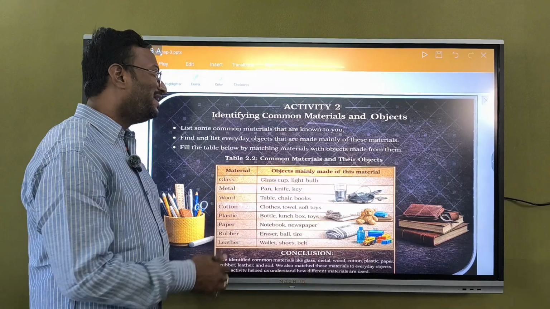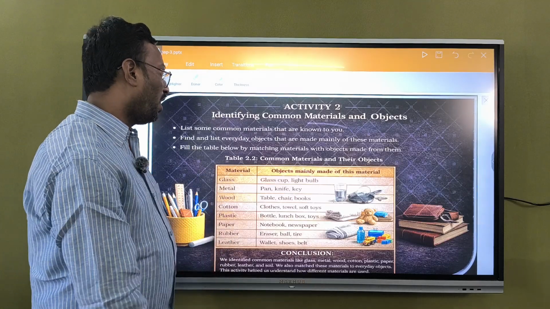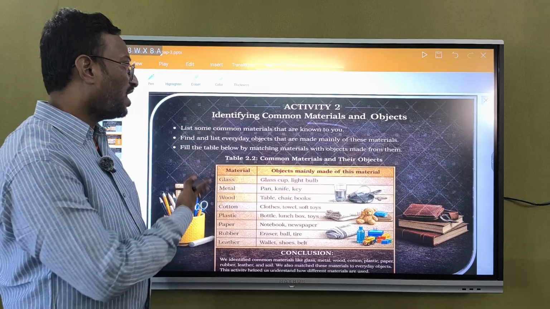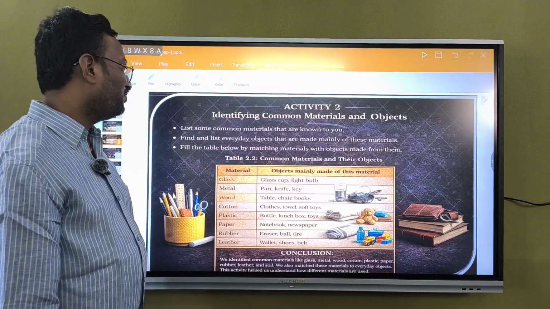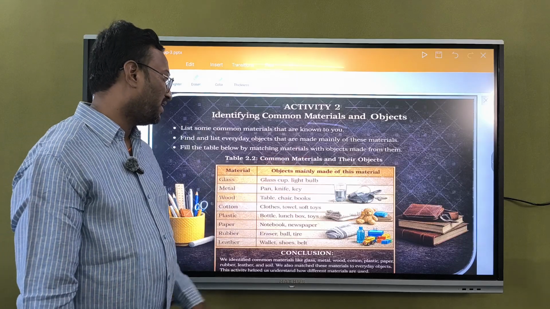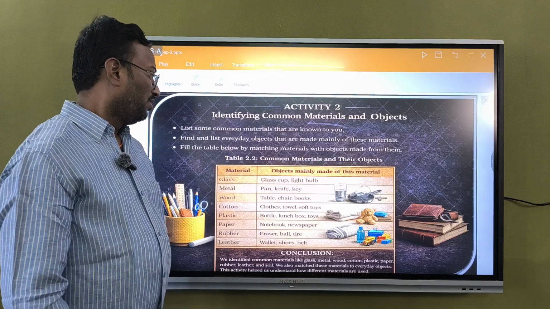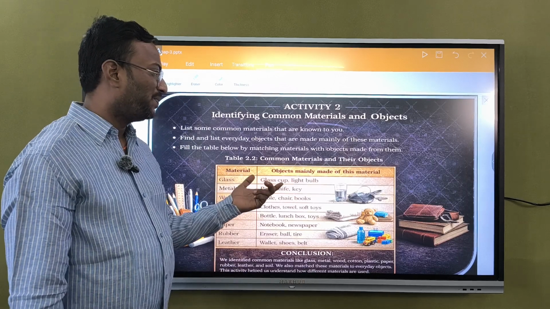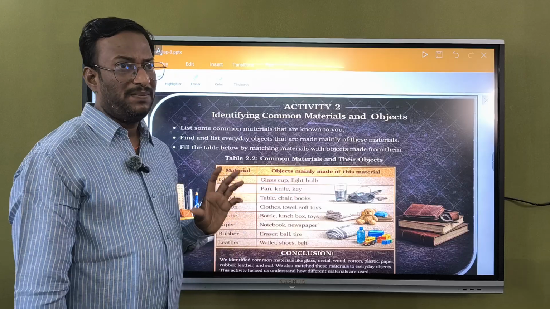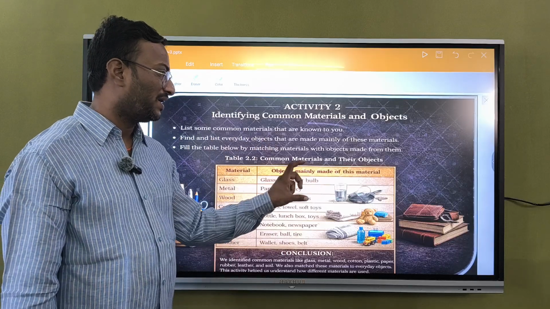Next, let us identify the common materials and objects. See, here is a list of common materials that are known to us. We will see the materials and the objects mainly made of glass. Objects made of glass are a glass cup, a light bulb and a glass tumbler.